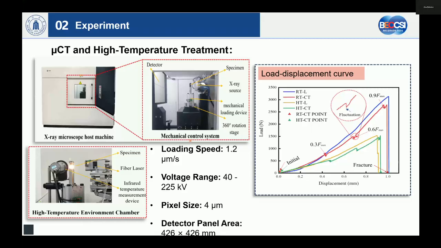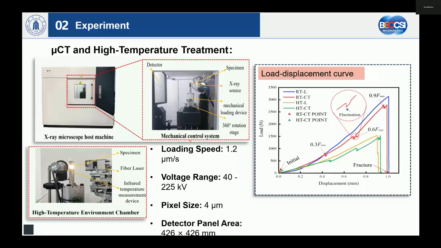We found that the strength at high temperature is only half of that at room temperature. And second, the maximum elongation at high temperature decreased from 1 millimeter at room temperature to 0.9 millimeter.